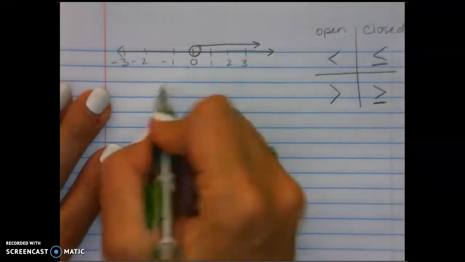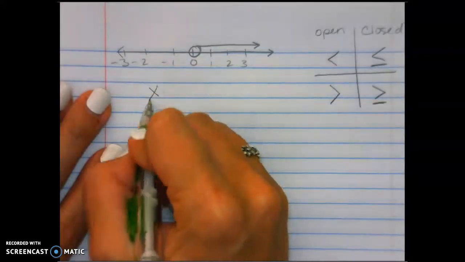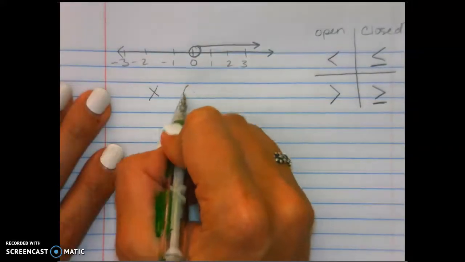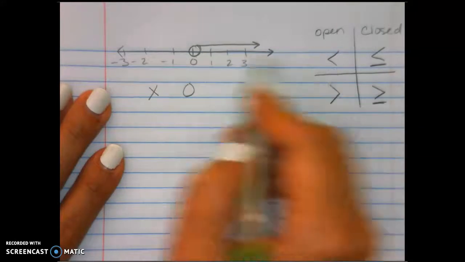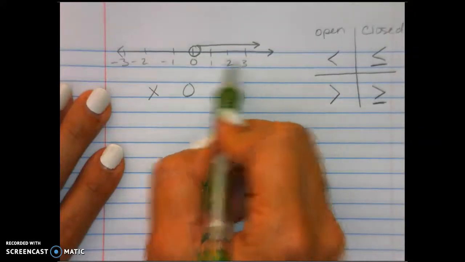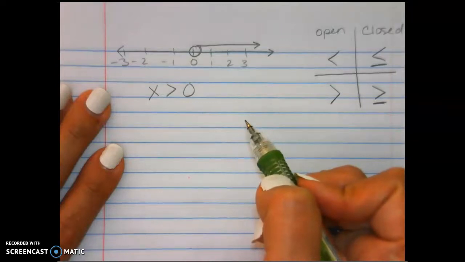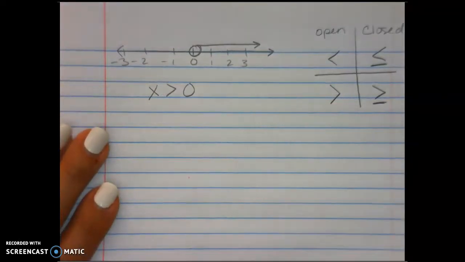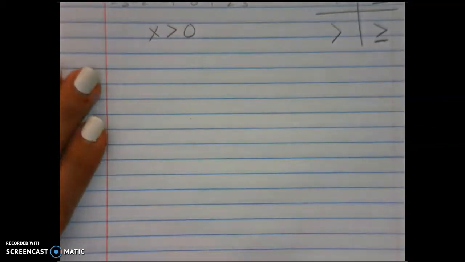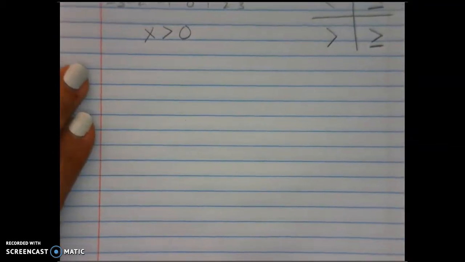This one is open, so we would write x is going to be one of these, and all of these numbers, how do they compare to 0? They are greater than 0.